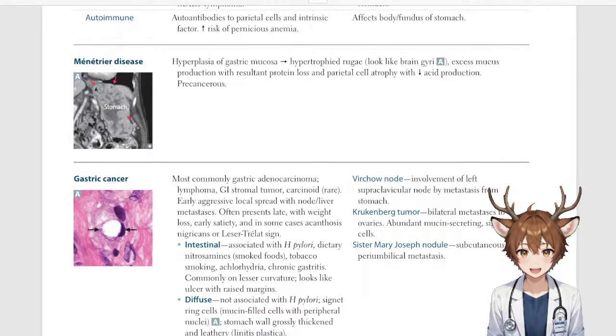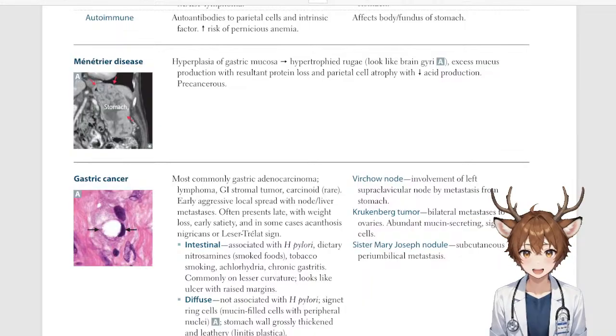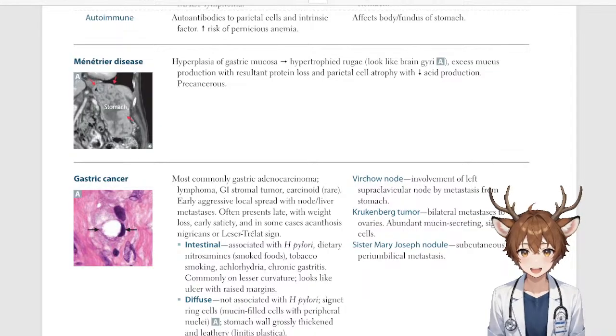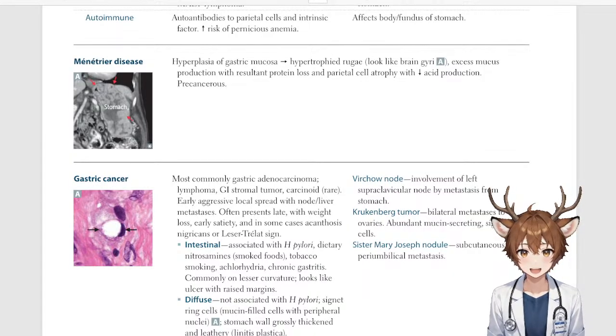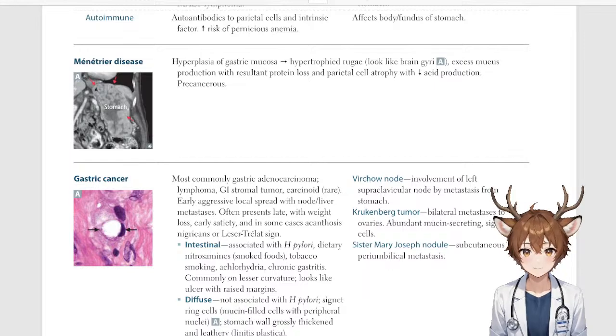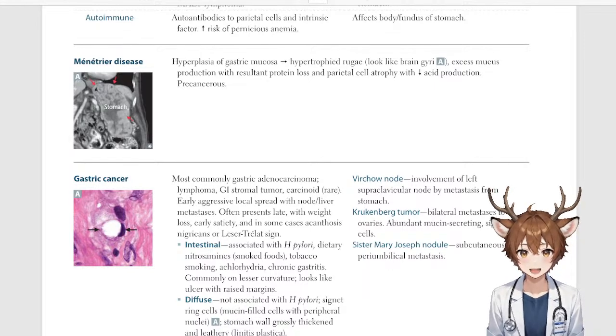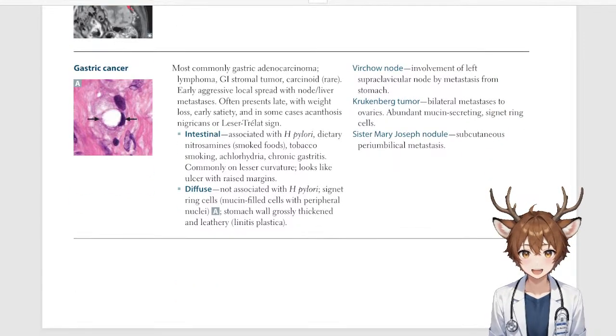Precancerous. Presents with weight loss, anorexia, vomiting, epigastric pain, and edema due to loss of protein. Pronounced WAVE. So WAVE as in weight loss, anorexia, vomiting, epigastric pain, edema. Is Menetrier disease.